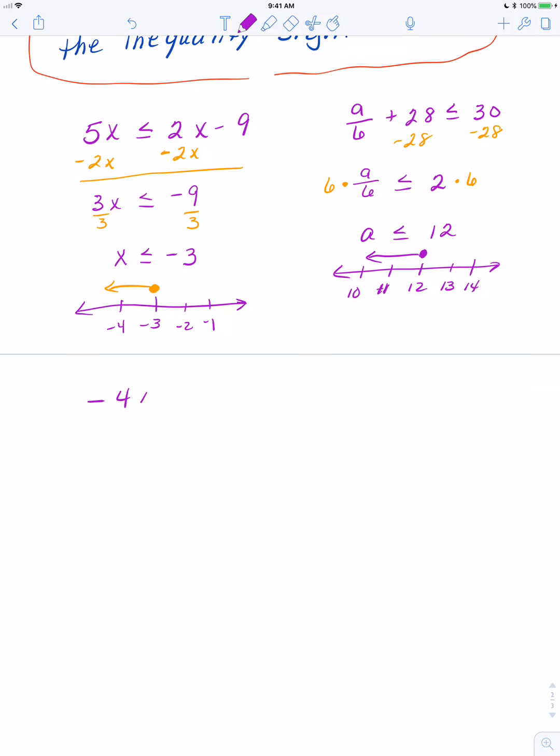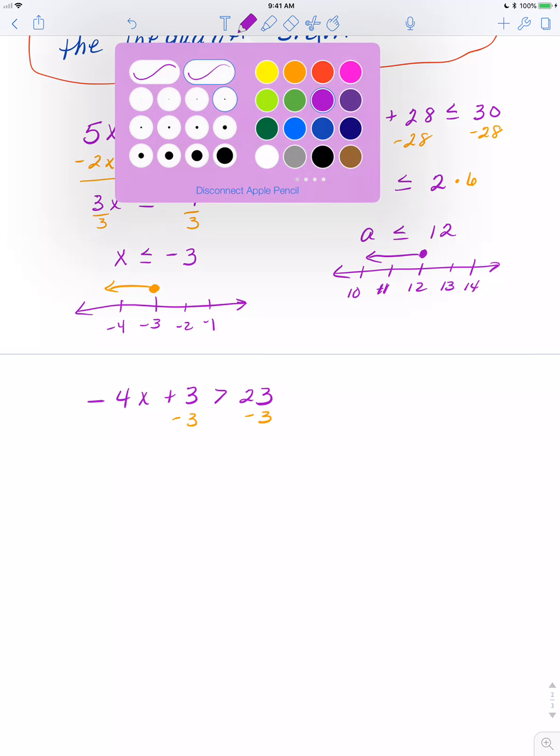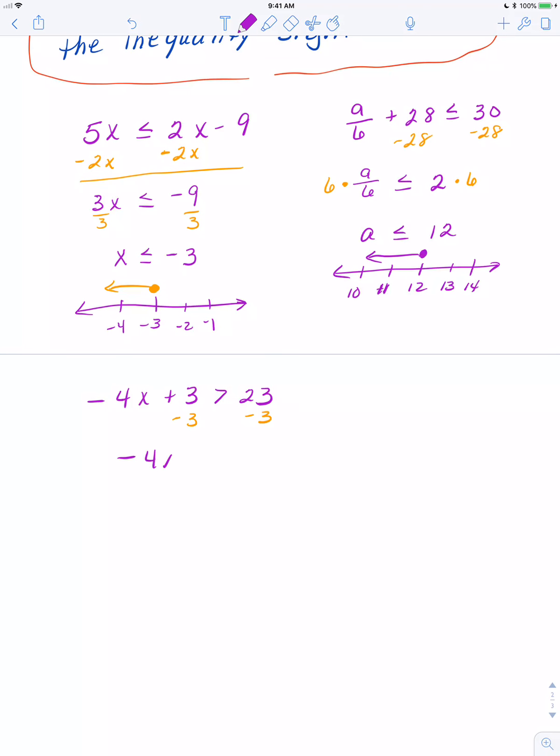We've got -4x plus 3 is greater than 23. Okay, well, our first step here, subtract 3 from both sides. So we have -4x is greater than 23 minus 3, which is 20.